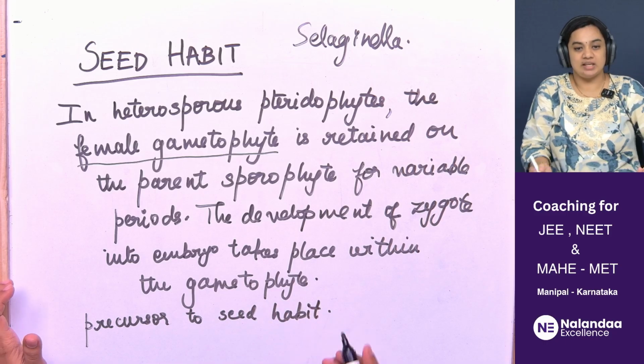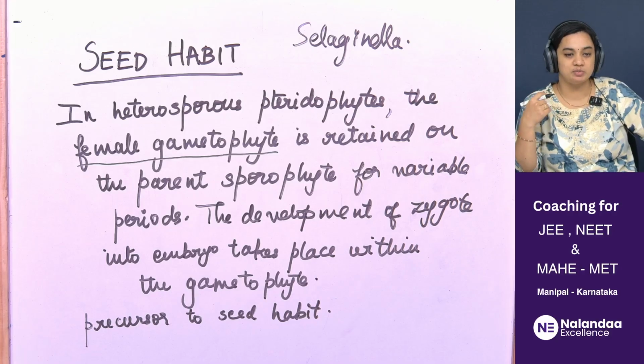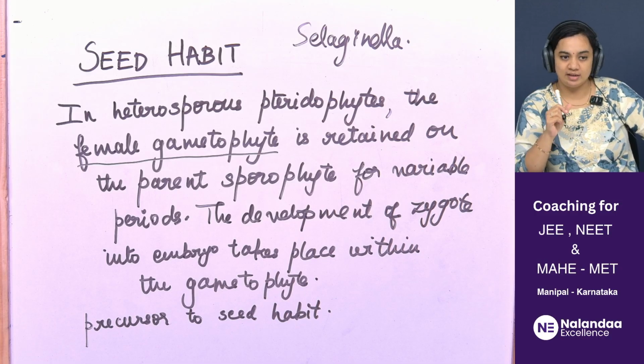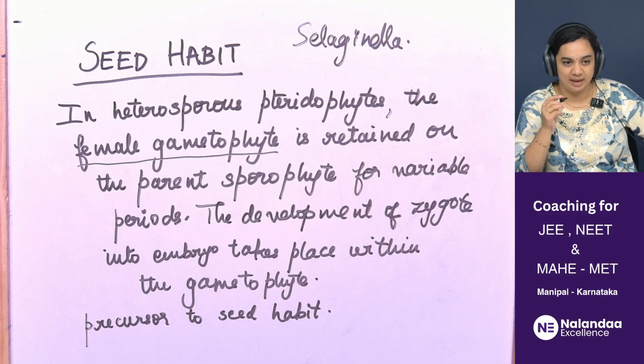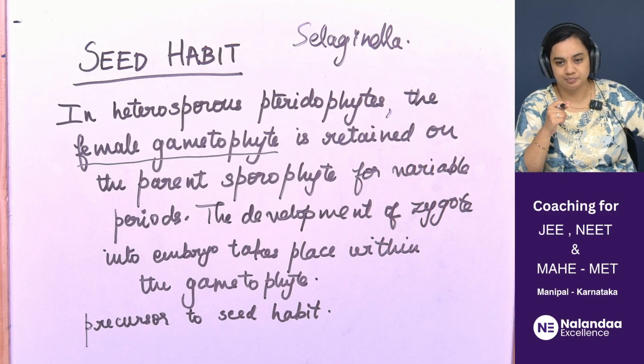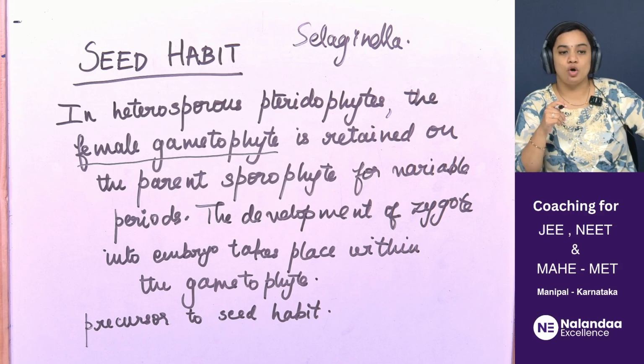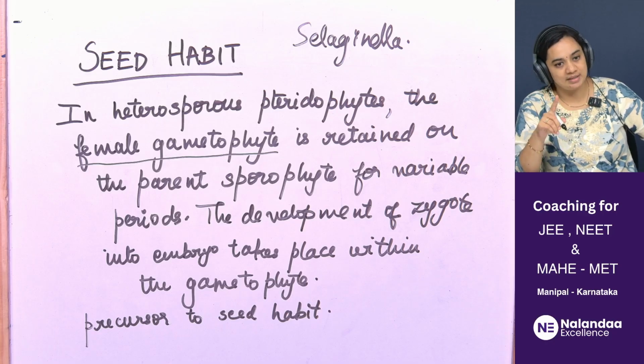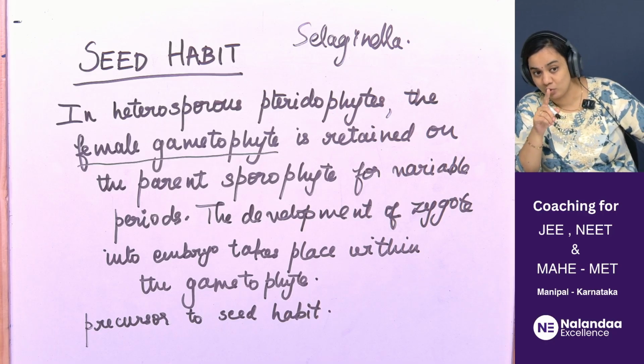So usually in case of gymnosperms and angiosperms, what happens? Let's take the specific case of angiosperm, where the main plant body is the sporophyte, correct? Over there, we have flowers, and flowers have pollen grains. Pollen grains are considered to be male gametophytes, no? They are released, but the pollen grain is not released immediately.